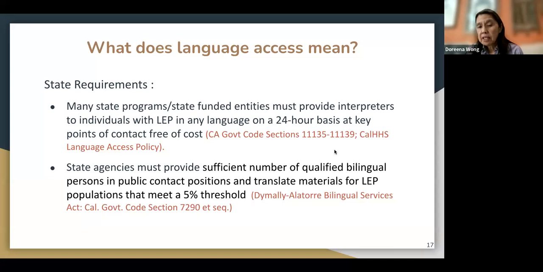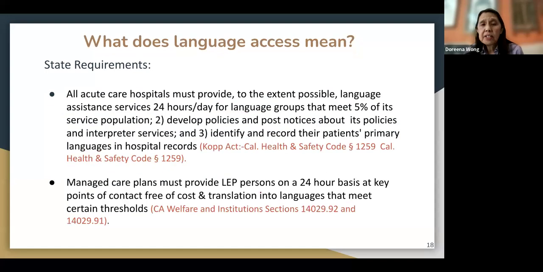So at the moment, the only language that is covered under the Dymally-Alatorre Bilingual Services Act is Spanish. And we hope, as an advocacy opportunity, that we might be able to cover more languages if we can amend that particular requirement. Next slide, please.